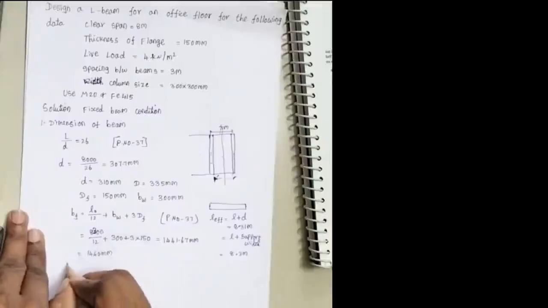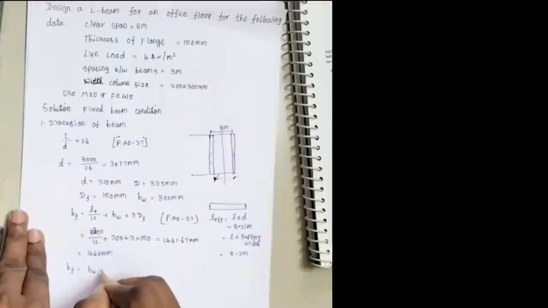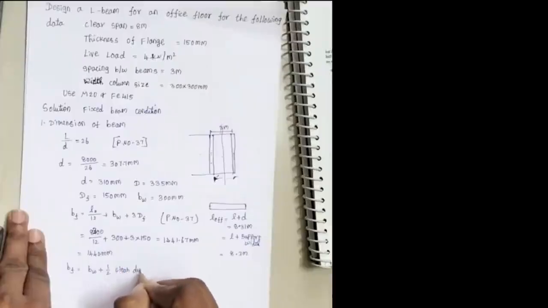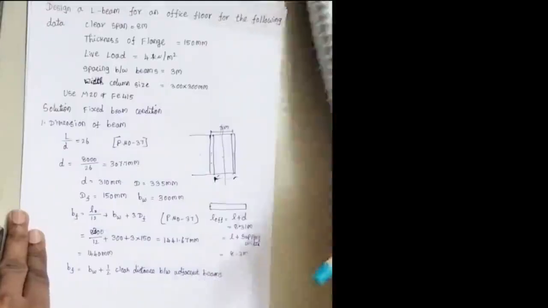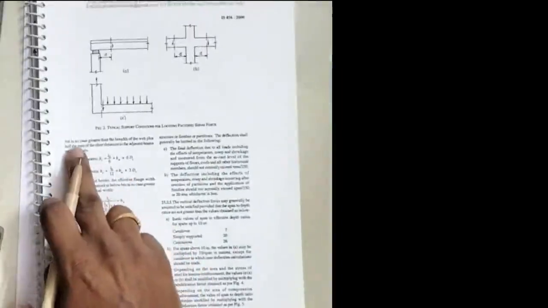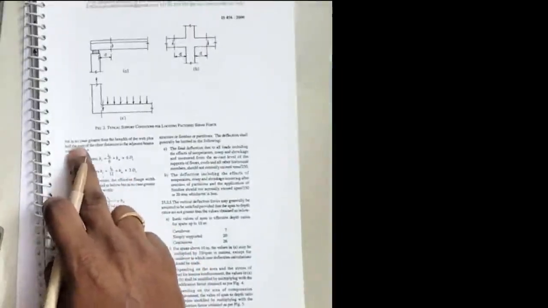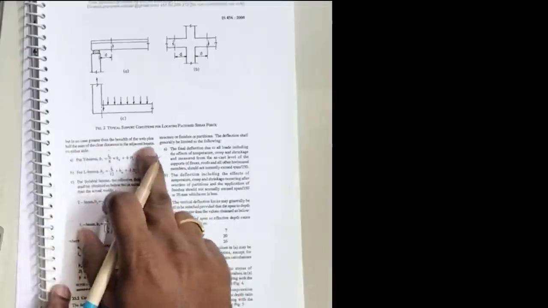Next, we know that it should not be greater than BF equal to BW plus half of the clear distance between adjacent beams. This condition was given on page number 37 of IS 456: but in no case greater than the breadth of the web plus half the sum of the clear distance to the adjacent beam.